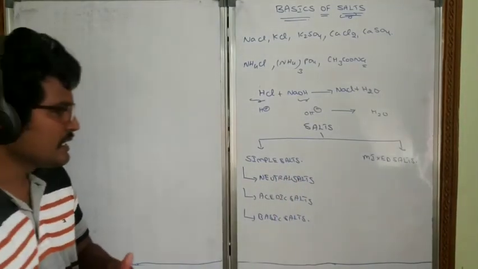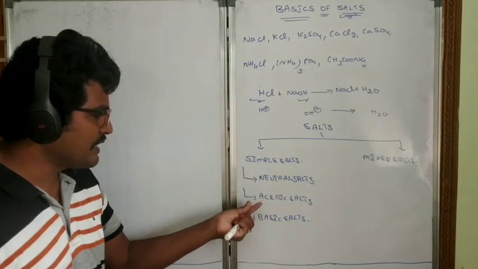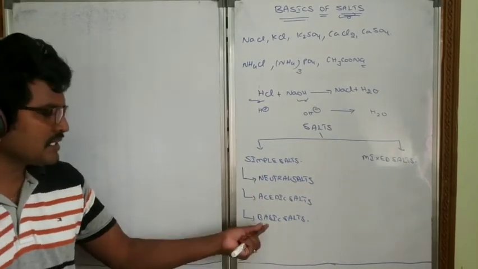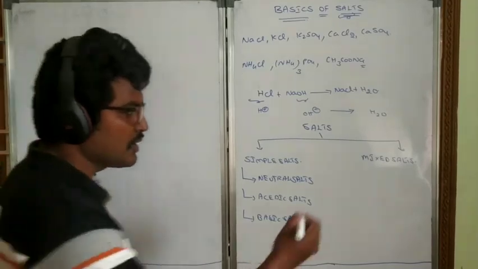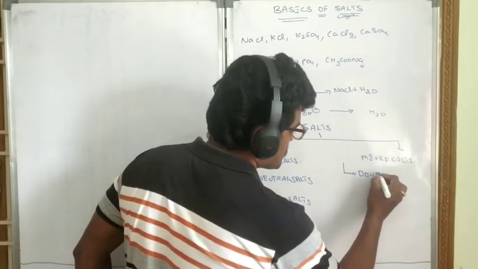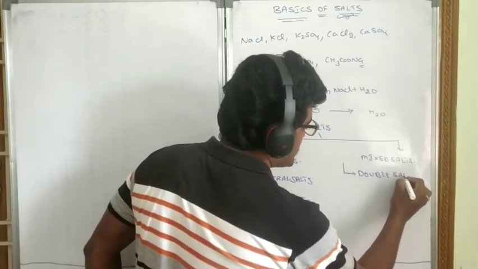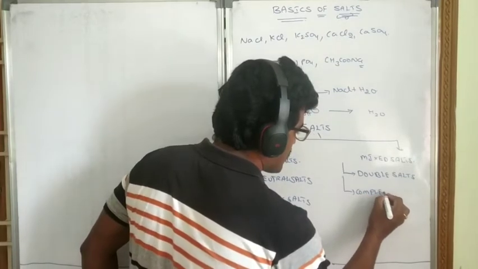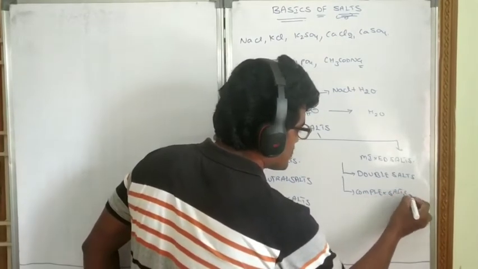Mixed salts are classified into two types: double salts and complex salts.